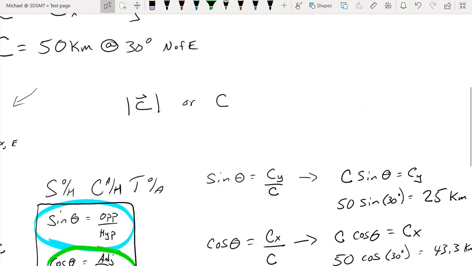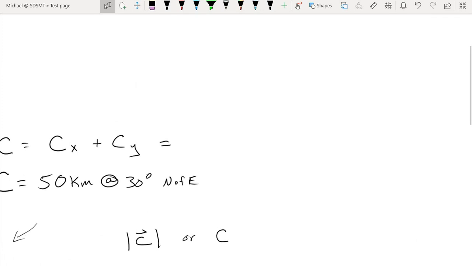The values that we had for those were 25 and 43.3 respectively, so we'll go ahead and put those in. And we had our units of kilometers.